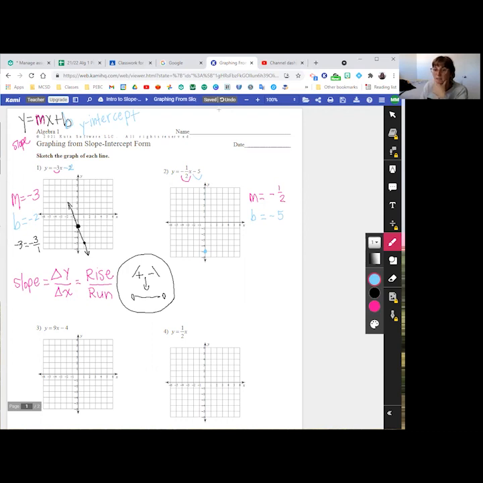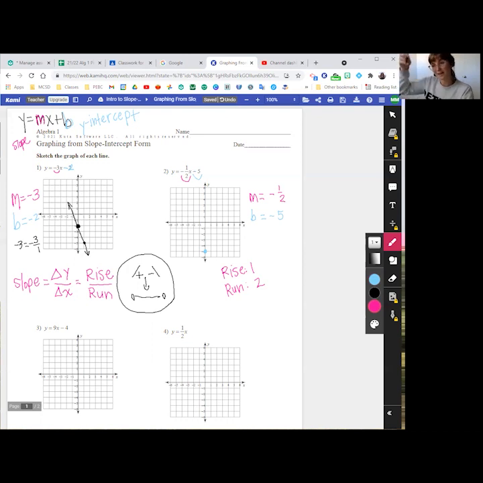If it's a negative slope, I know that it's going to be going down from left to right. So my numerator is my rise, and my denominator is my run. So my rise is 1, and my run is 2. And what I want you to think about when you have a negative number, I want you to include that negative number here in the rise.